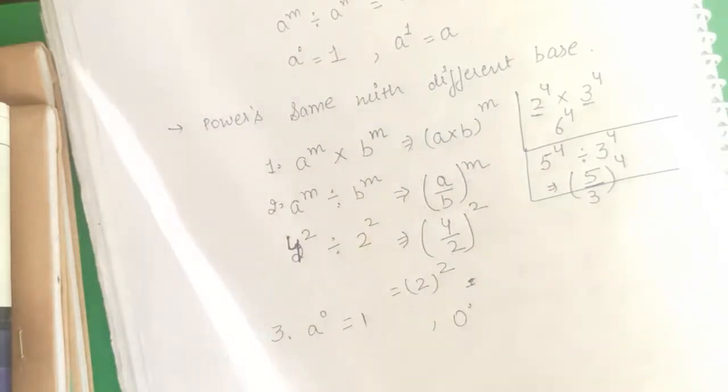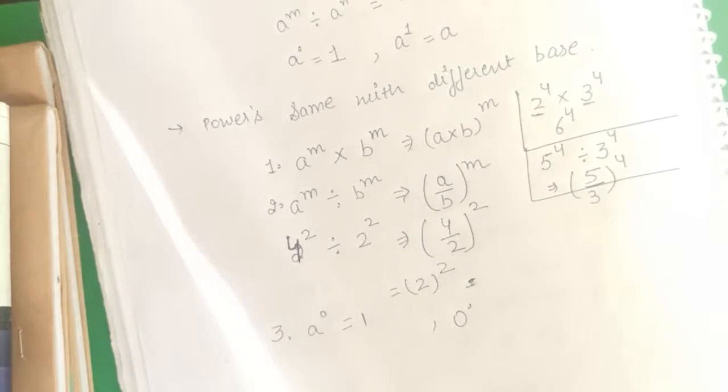Clear? After this, see these areas: area we measure in square units, volume we measure in cubic meters. So for this we will use these laws. Clear all of you?